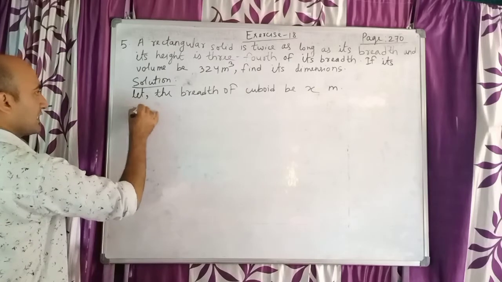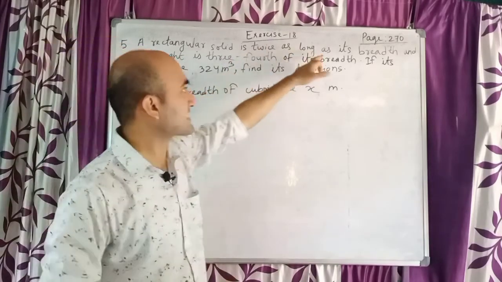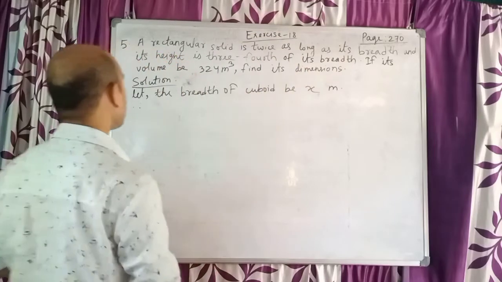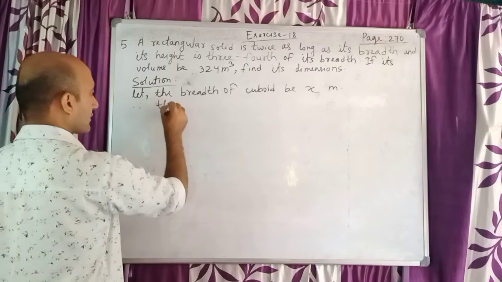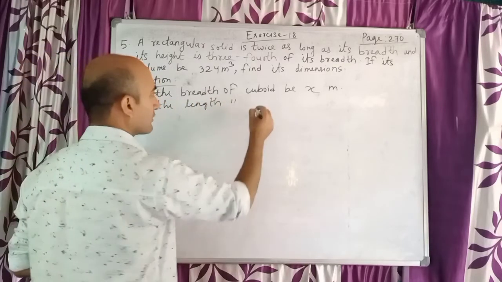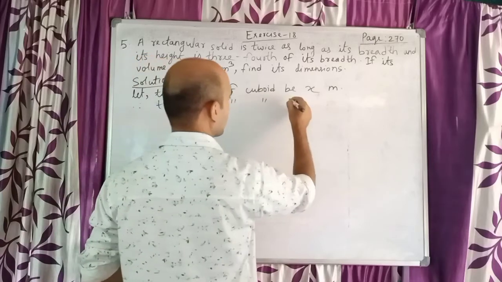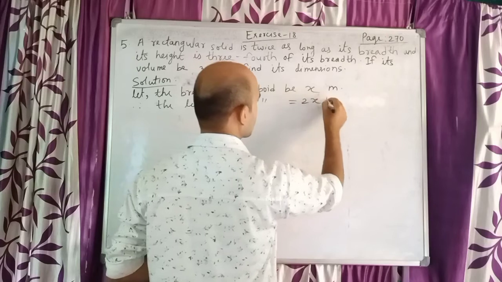Then automatically we know the length, and length is twice its breadth. Therefore the length of the cuboid will be equal to 2x meter.